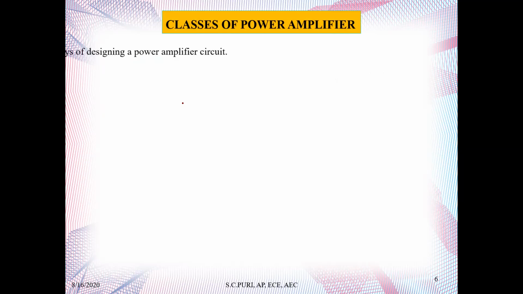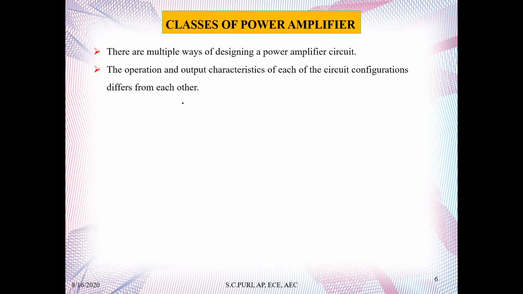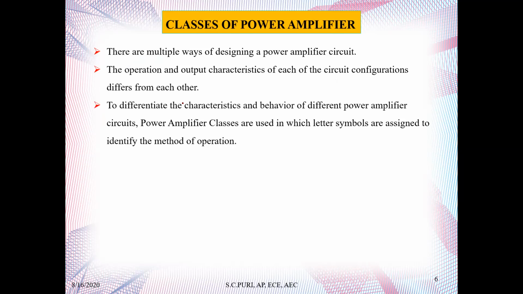Coming to the classes of power amplifiers. There are multiple ways of designing a power amplifier circuit. The operation and output characteristic of each circuit configuration differs from each other. To differentiate the characteristics and behavior of different power amplifier circuits, power amplifier classes are used, in which letter symbols are assigned to identify the method of operation. They are broadly classified into two categories.